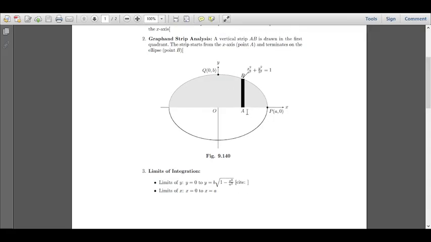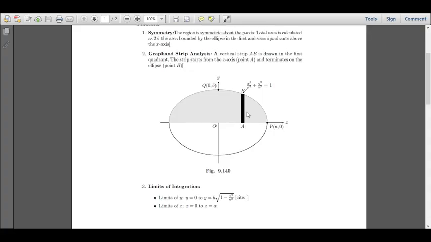So to find the limits, we identify where the strip enters the region and where the strip leaves the region. It enters the region at y equal to 0 and leaves at, now we express y as a function of x. So y square by b square equal to 1 minus x square by a square, and y square equal to b square into 1 minus x square by a square.